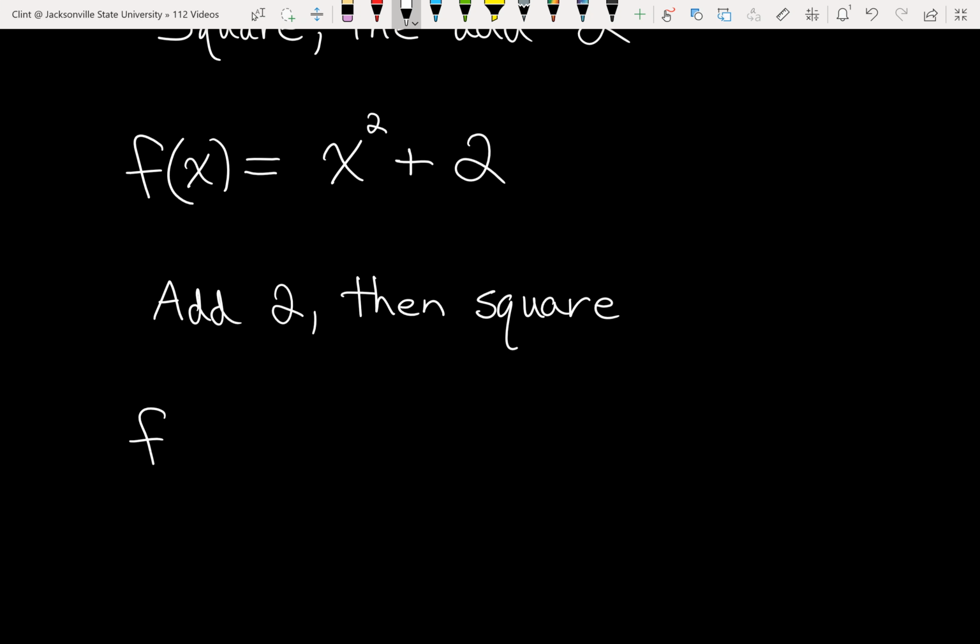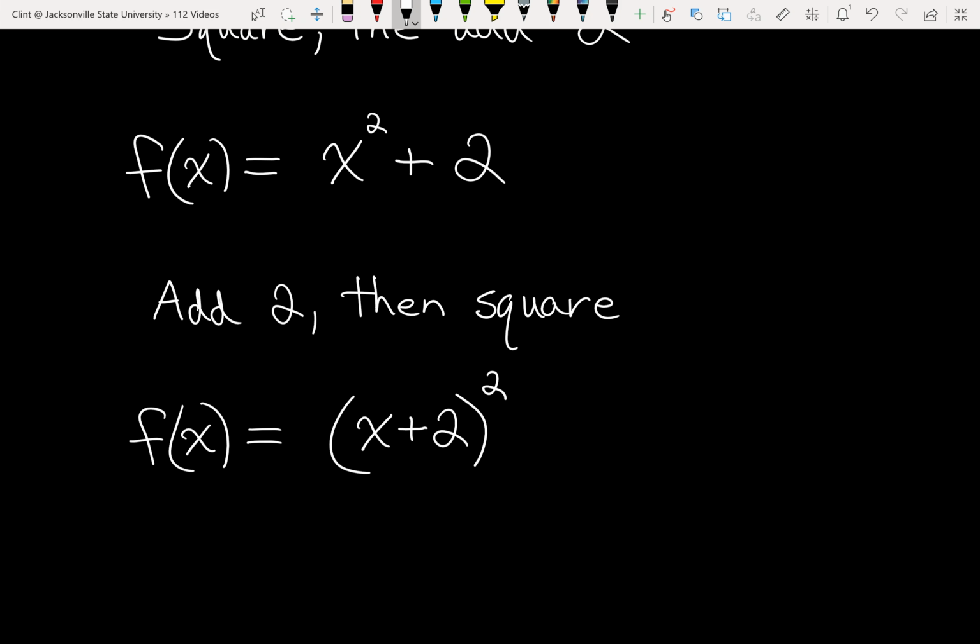If the very first thing we do is add 2 to the number, we get a new number, and then we want to square our new number, so we'd have to put parentheses there and square the new number. So the order does matter. If you switch the order of operations, you get a different function sometimes. It is something to pay attention to.